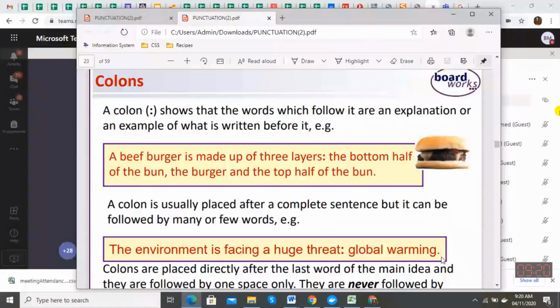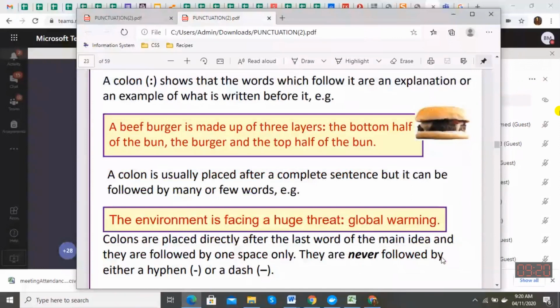A colon is usually placed after a complete sentence, but it can be followed by many or few words. For example, the environment is facing a huge threat: global warming. Colons are placed directly after the last word of the main idea, and they are followed by one space only. They are never followed by either a hyphen or a dash.